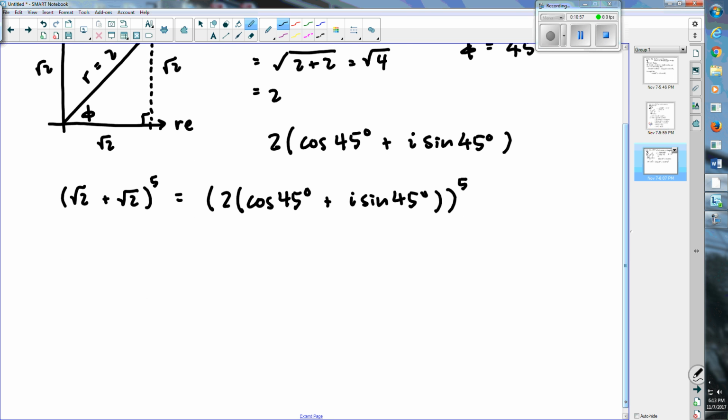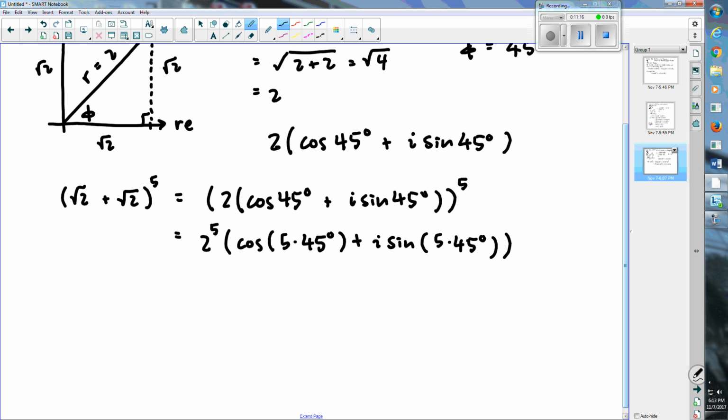Let's make some more room here. Now, applying DeMoivre's theorem, we write this as 2 to the 5th times cosine of 5 times 45 degrees plus i times the sine of 5 times 45 degrees.